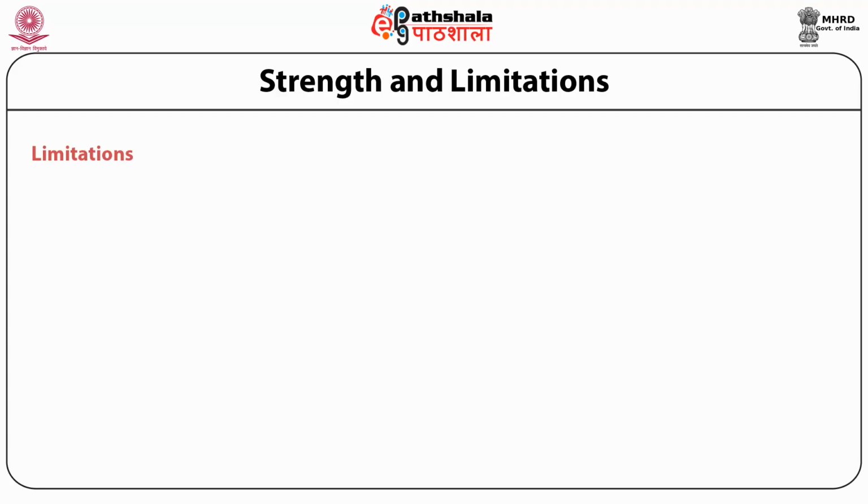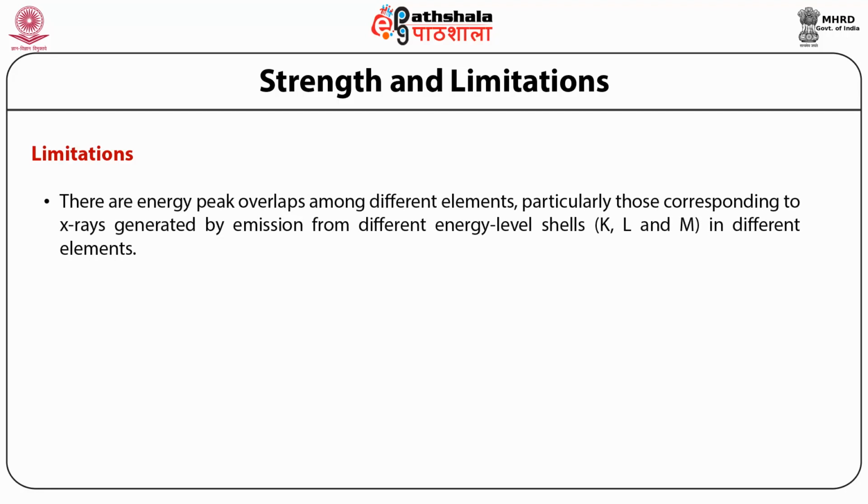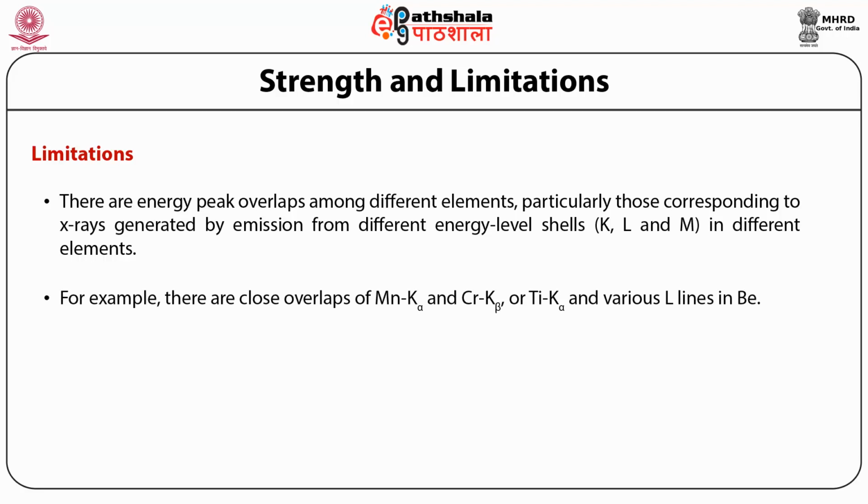Now about the limitations. There are energy peak overlaps among different elements, particularly those corresponding to X-rays generated by emission from different energy level shells, that is K, L and M, in different elements. For example, there are close overlaps of manganese K alpha and chromium K beta, or titanium K alpha and various L lines in beryllium.